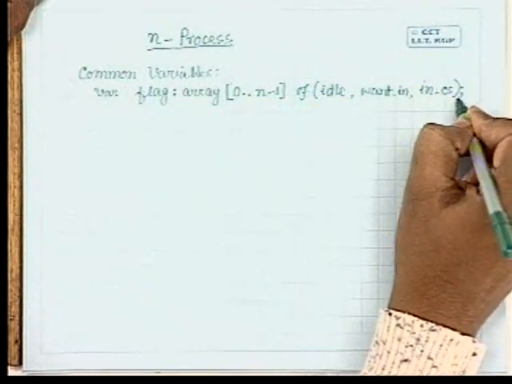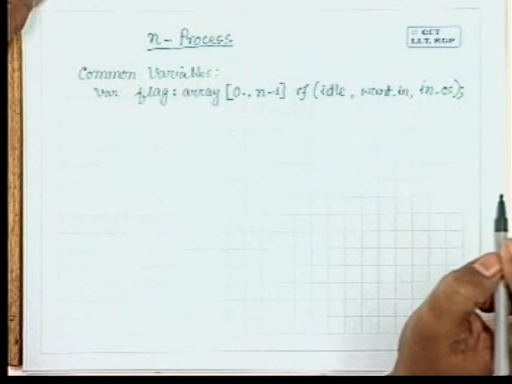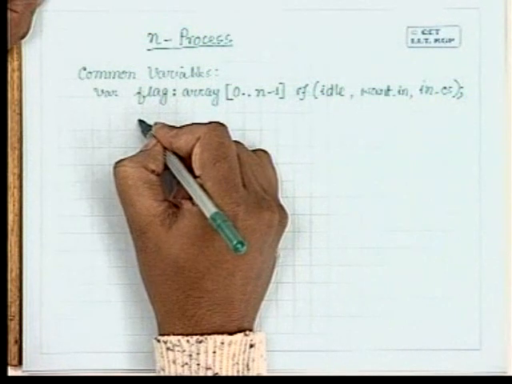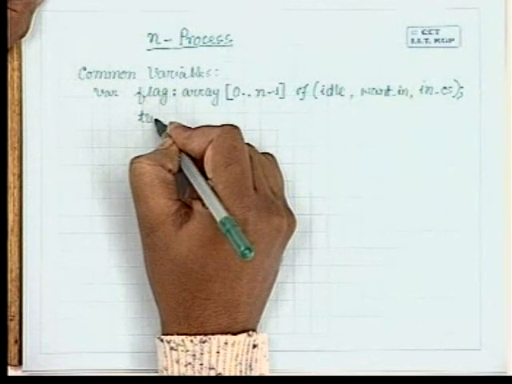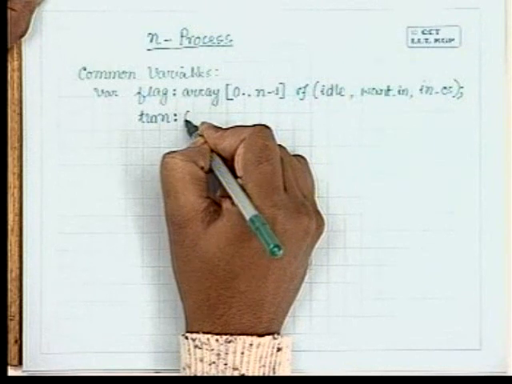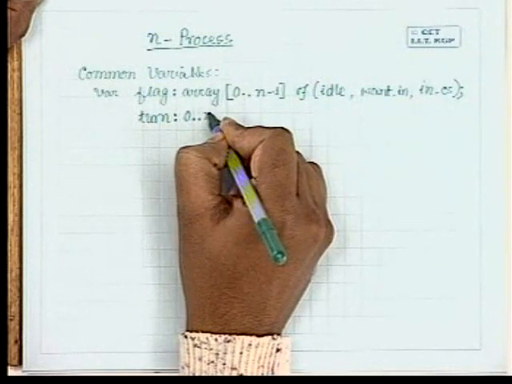So these are the three values that any element of the array flag can assume. We also have a shared variable turn, which is an integer variable, and that can assume a value from 0 to n minus 1.